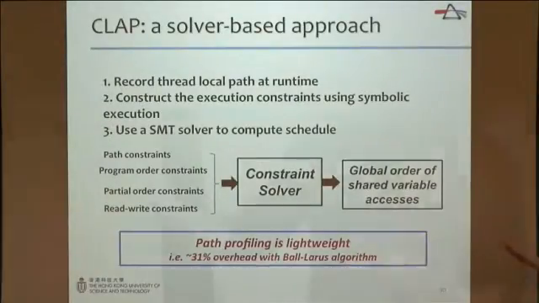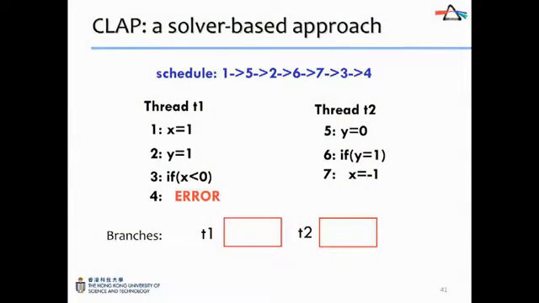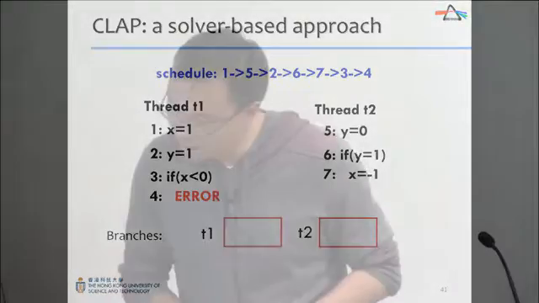And the good news is path profiling is pretty lightweight. It's a classic technique that people have worked hard to optimize. For example, Ball-Larus profiling is only 30%. So let me give you some basic high-level steps of how we approach recording in CLAP.